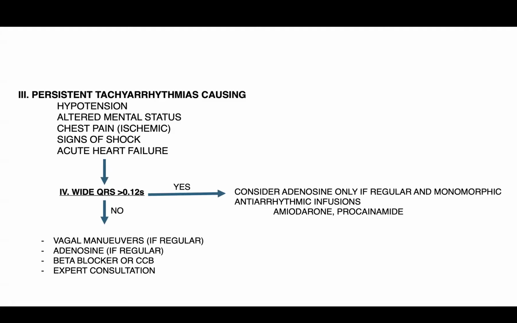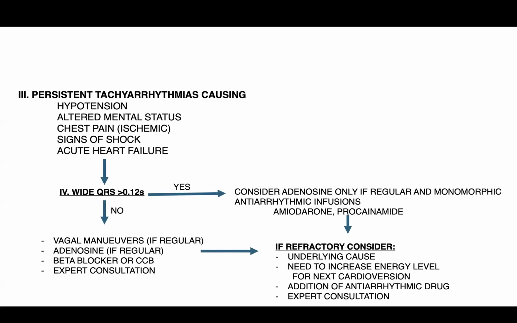If it is wide, you consider adenosine only if it is regular and monomorphic, and antiarrhythmic infusions like amiodarone and procainamide. With either of them, if it is refractory, you will have to treat the underlying cause, then add a second antiarrhythmic agent and consider expert consultation.